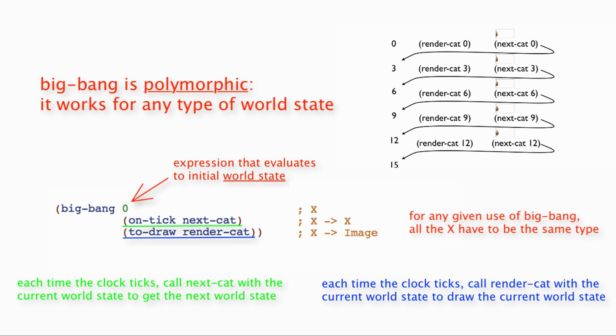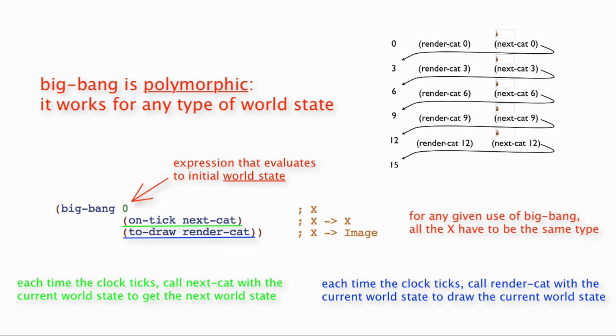But the basic thing to understand is this picture up here in the upper right, that's what Big Bang is doing. It's starting with an initial world state, and then it's coordinating calling functions like renderCat and nextCat to produce the combined behavior of the interactive program that we want to have. We'll also see starting in the next video that there's more options. So for example, Big Bang has an option called onKey.